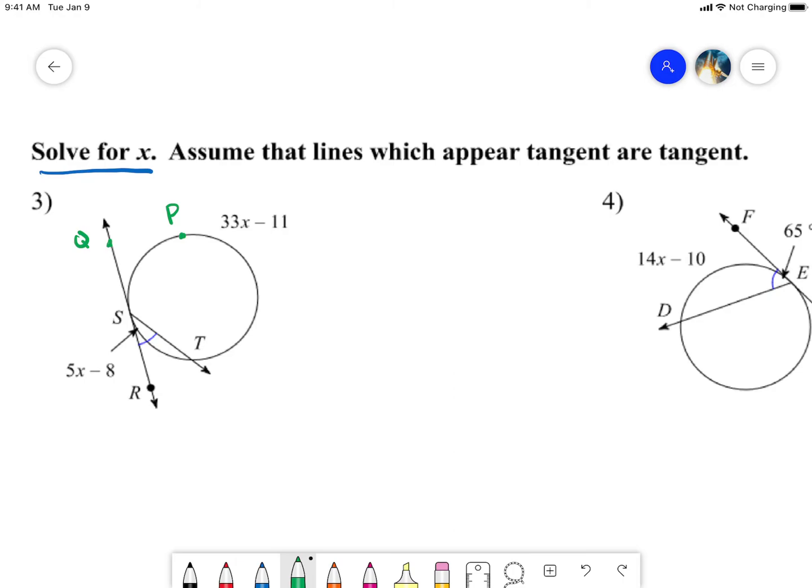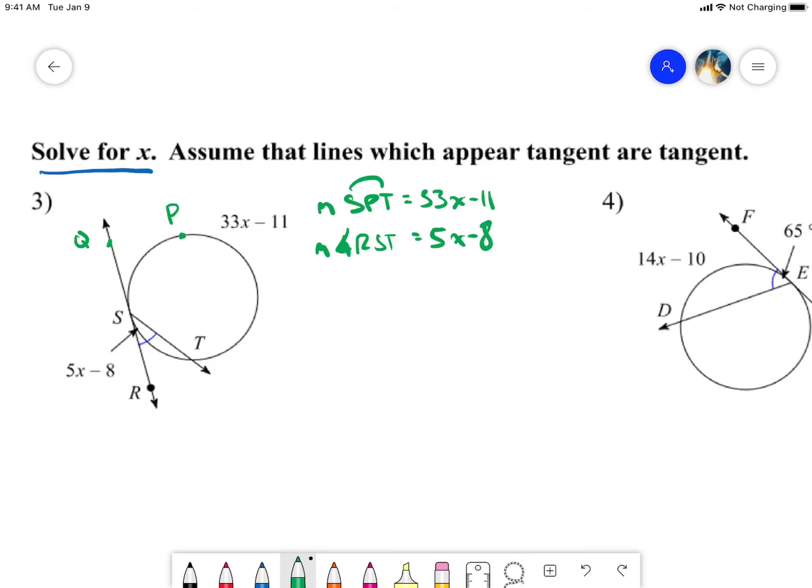I know that the measure of arc SPT is equal to 33x minus 11. I also know that the measure of angle RST, oops, I almost made that an arc, is equal to 5x minus 8.